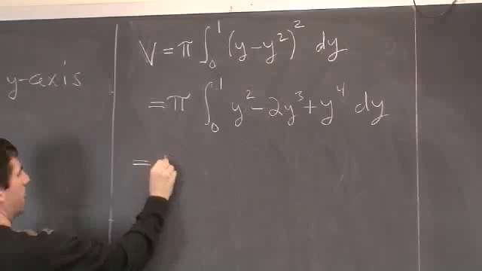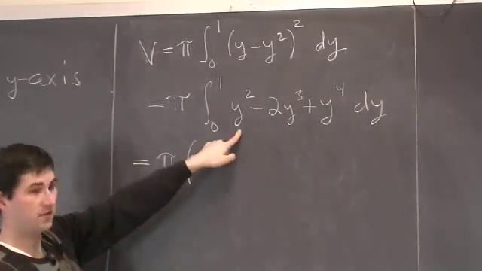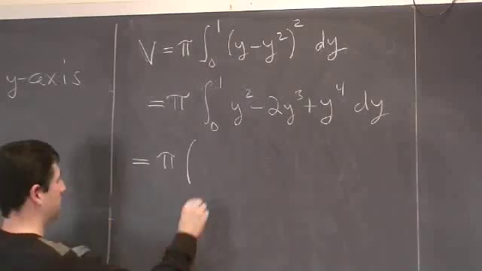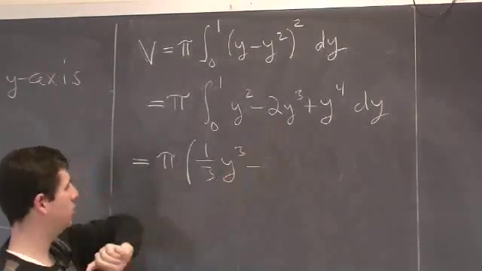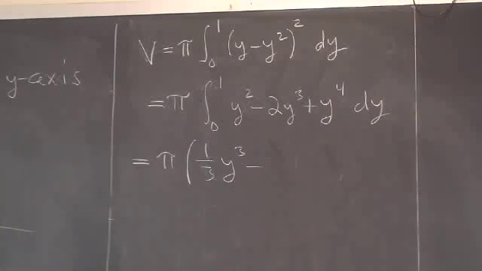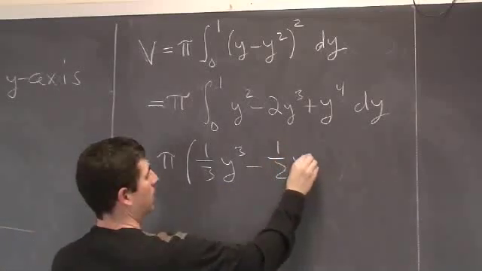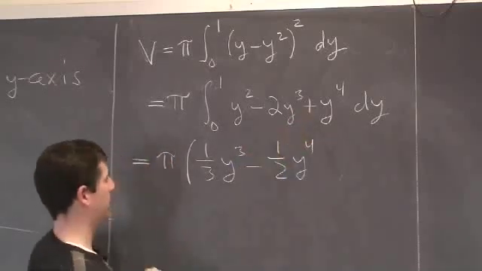All right, let's see here. y squared becomes, what is it, y cubed over 3. And 2y cubed becomes y to the 4th, right? And the y to the 4th?